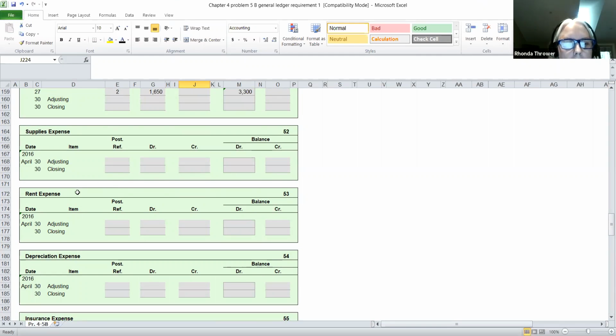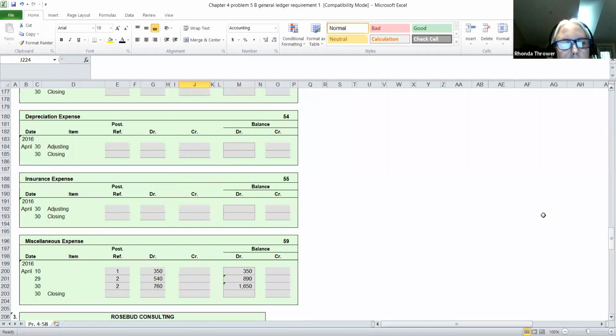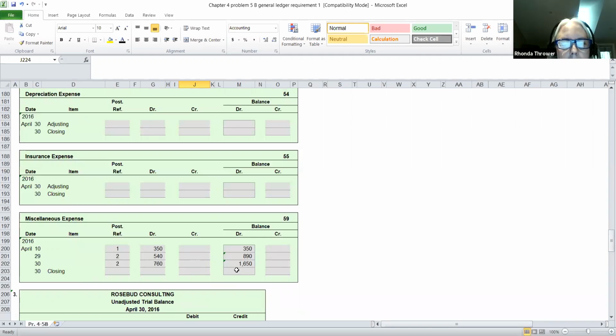Nope, no balance yet because we haven't adjusted it. There's no balance in rent expense or depreciation for the same reasons. On insurance expense, there's no balance there. So I'm going to skip on down to my miscellaneous expense and put in the balance of $1,650.